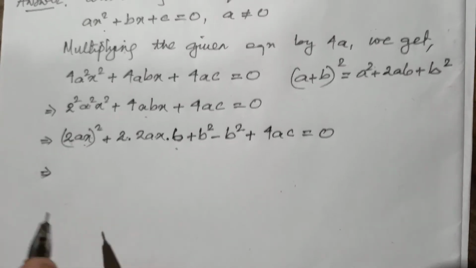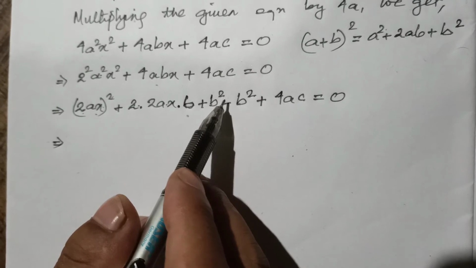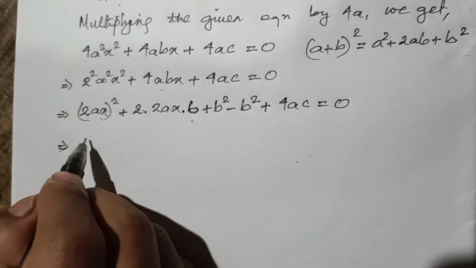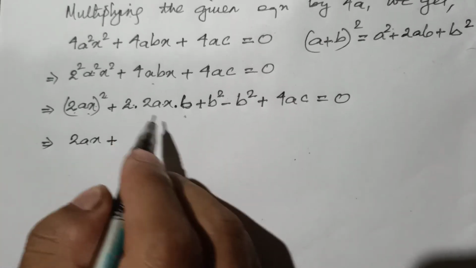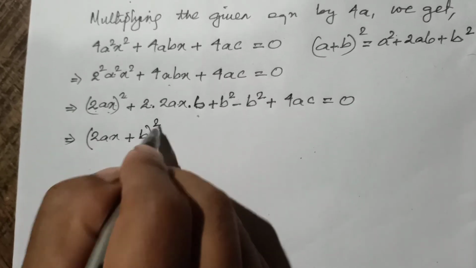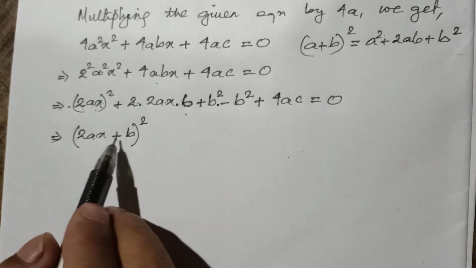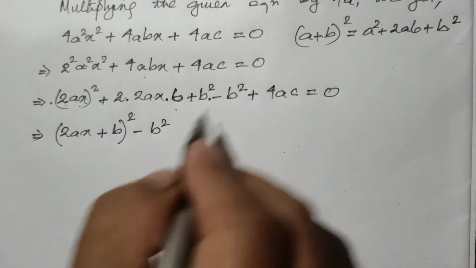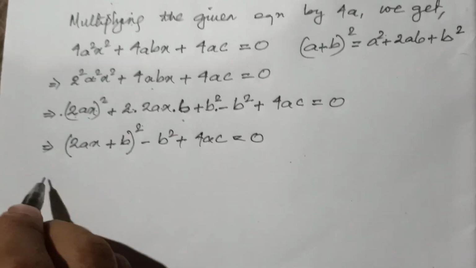Then looking at the equation, a squared plus twice ab plus b squared, if you resolve into the factor, it is (a plus b) whole squared. The a value here is 2ax and the b value is b, so it is (2ax plus b) whole squared, then minus b squared remains here, plus 4ac remains here as well, equals 0.